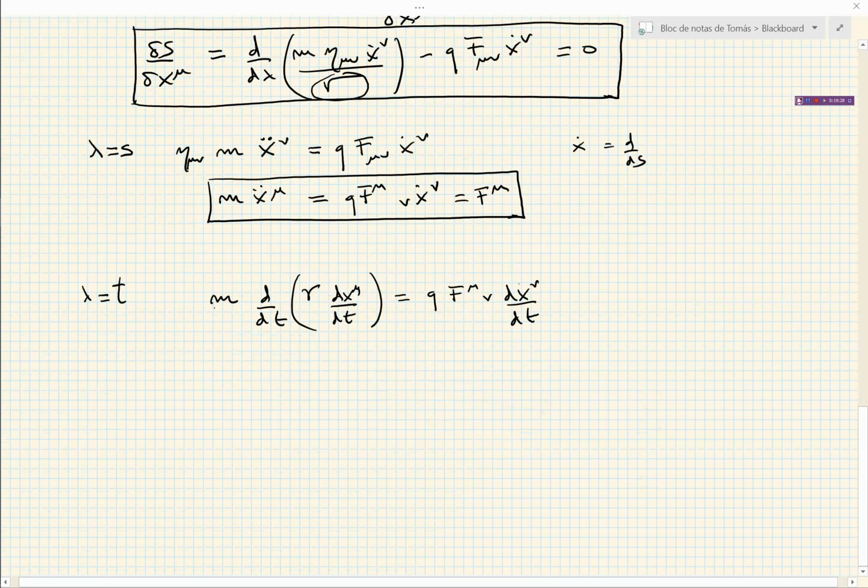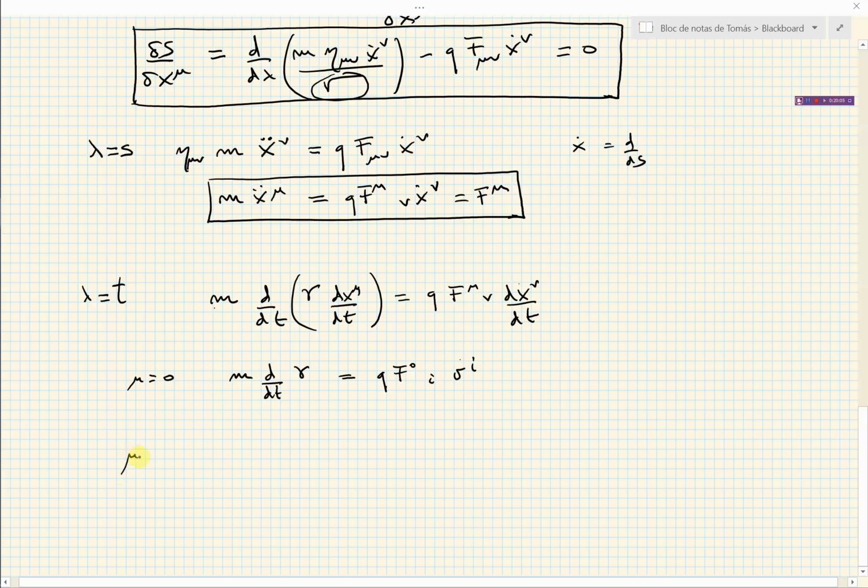For now we separate mu equals 0. So mu equals 0 gives you something which must be automatically satisfied. So this d dt of gamma equal to q f 0 nu, sorry, this would be f 0 i dx i over dt, which is v i.